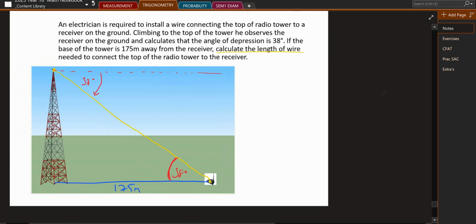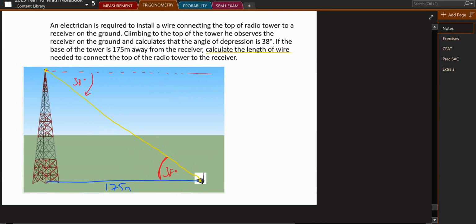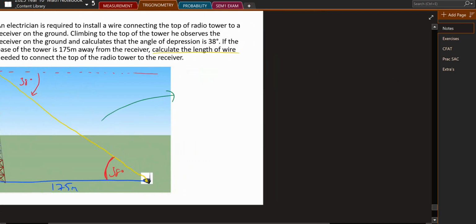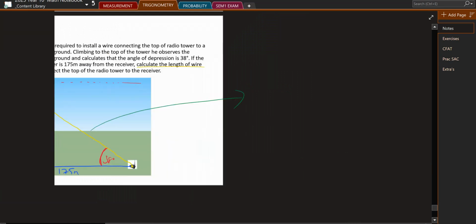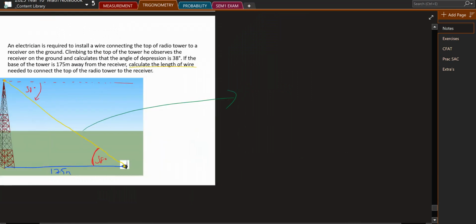So let me redraw what we have here so it's a little bit clearer and we can work with it. Actually, I might move it all the way here. Okay, so let's redraw the angle of the triangle, and hopefully you guys can make more sense of it. So here's the tower. We don't know how tall it is, but that's okay.